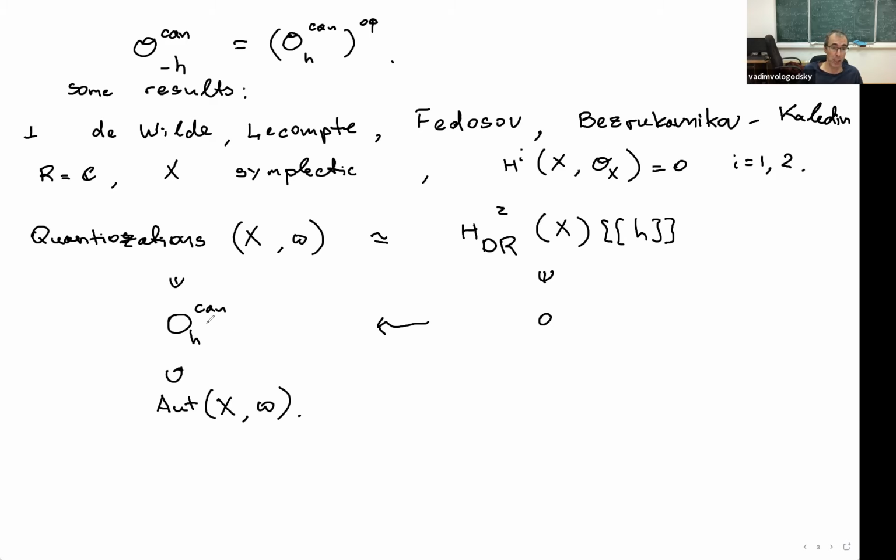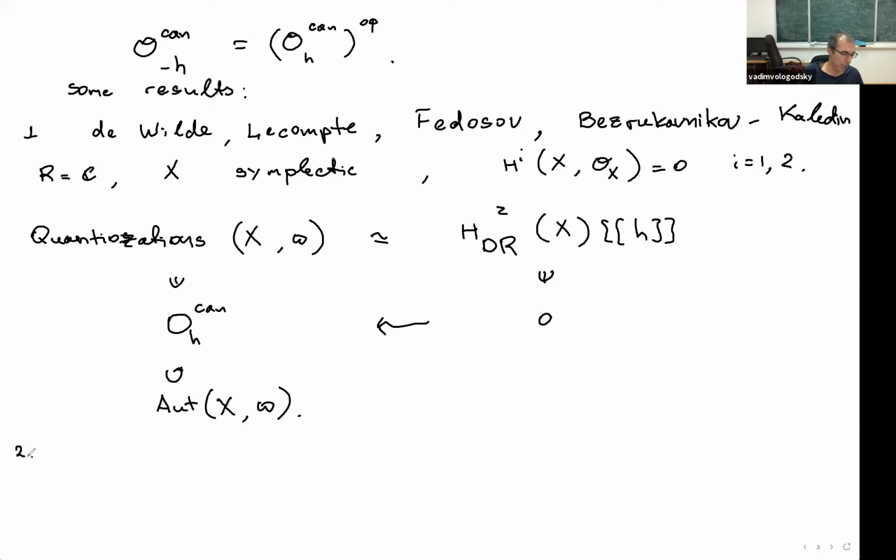The construction of this canonical quantization is pretty simple, but the fact that this algebra carries this section is highly non-trivial. And in fact, as we're going to see, once you have this section, you can almost immediately globalize the picture. Starting with a cotangent bundle, you can construct a quantization of every symplectic variety. So this is one result.